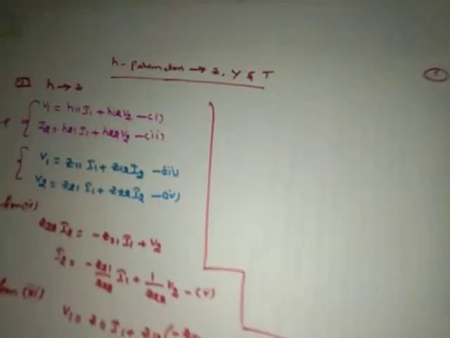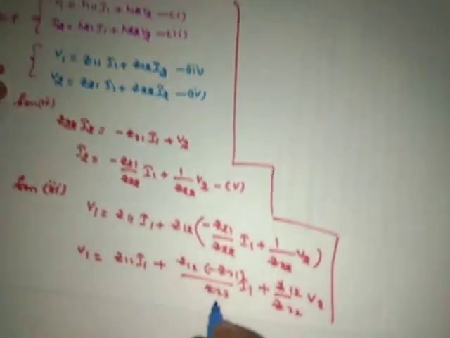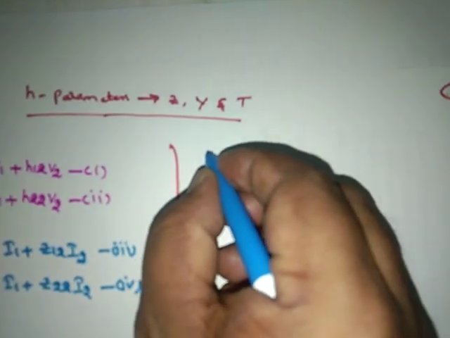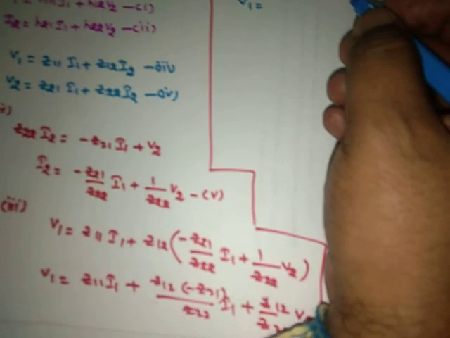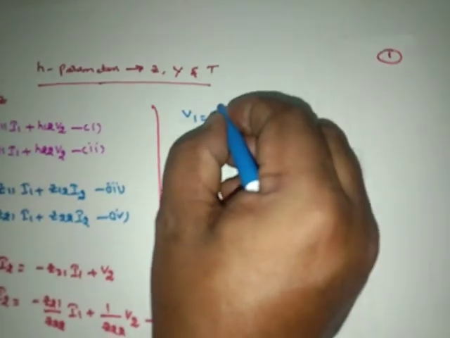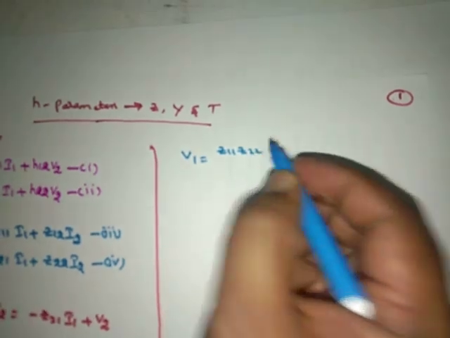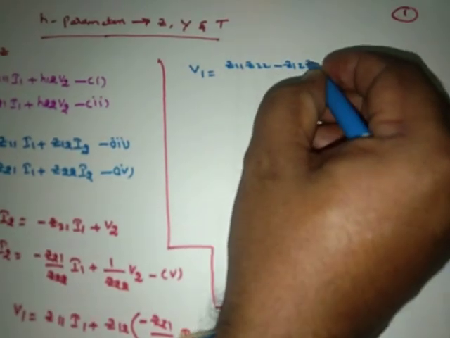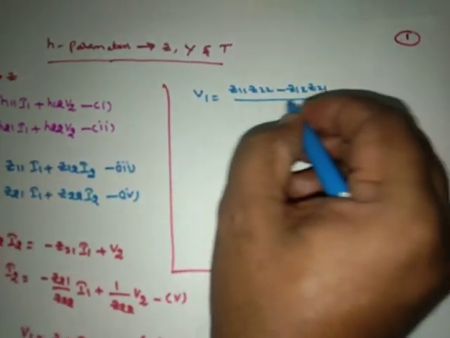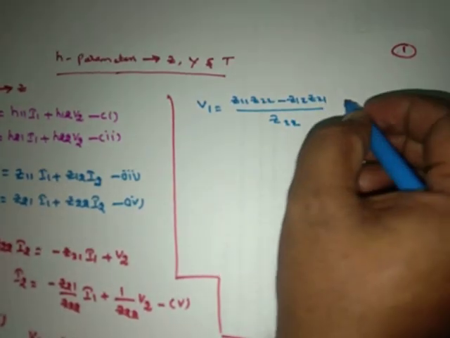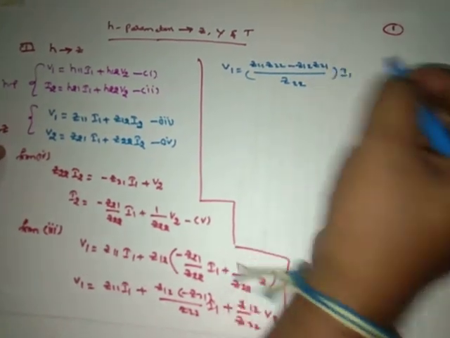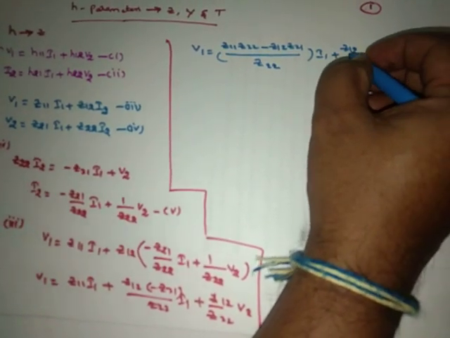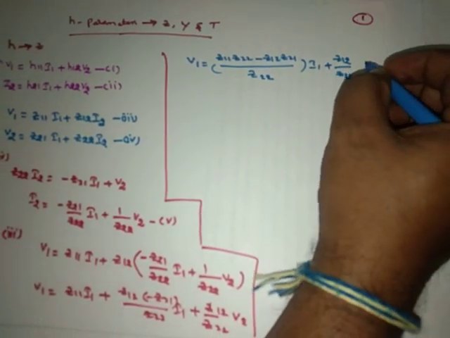Simplify this one. Z22 common here, and V1 is equal to (Z11 Z22 minus Z12 Z21) by Z22 into I1 plus Z12 by Z22 into V2.